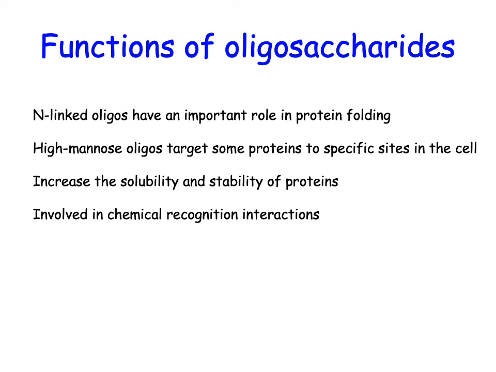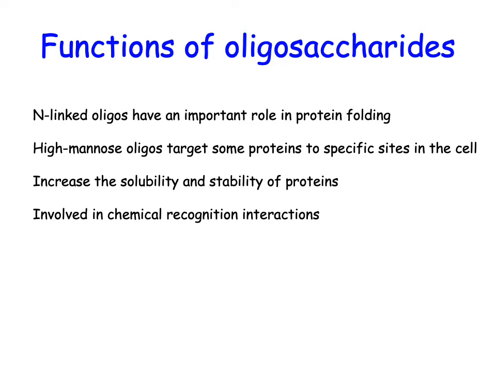They're involved in protein folding. So as we saw a minute ago, as the protein comes out of the ribosome and travels through the membrane of the ER, it can attach these oligosaccharides to it, and then that will facilitate folding of the protein into its proper conformation.